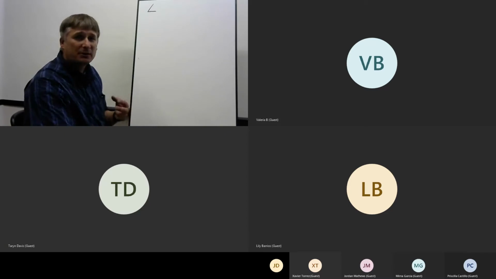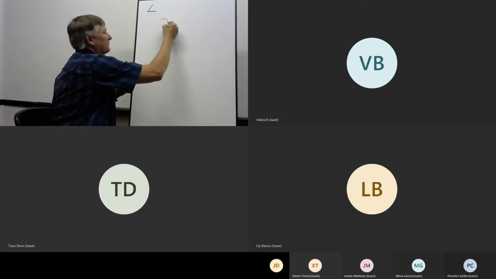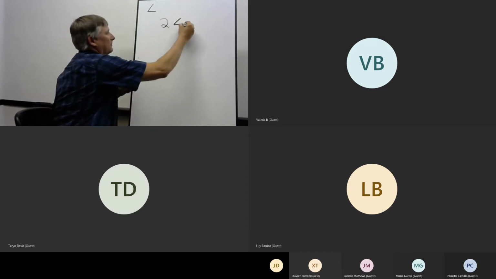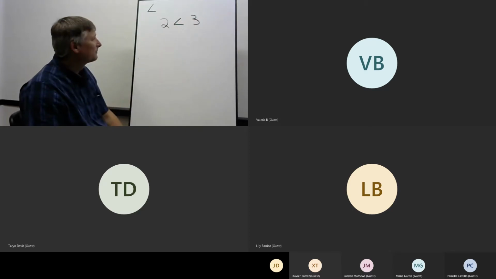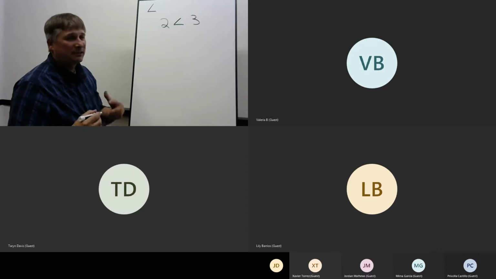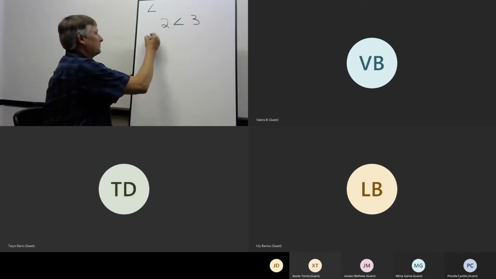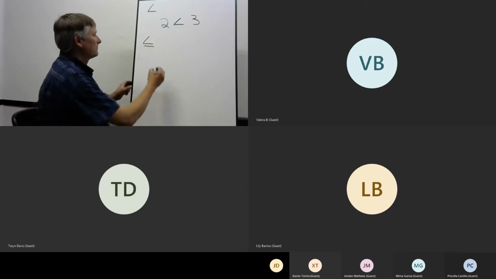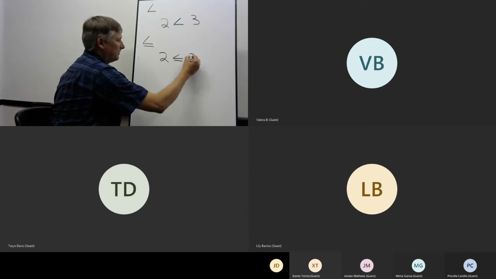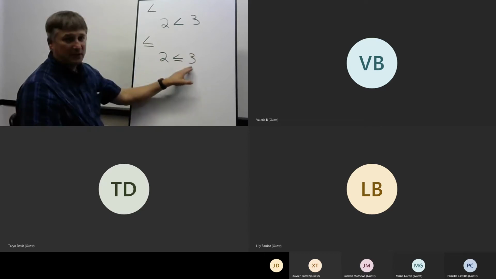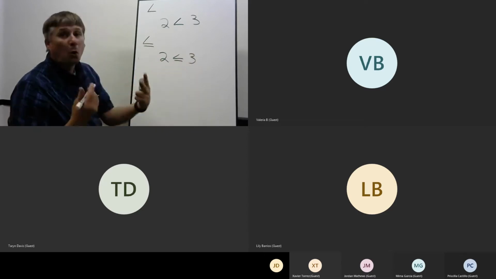So to show that 2 is less than 3, we write that. Now, if we want to say something is less than or equal to, well, this is certainly true. 2 is less than 3, so it's going to be less than or equal to.